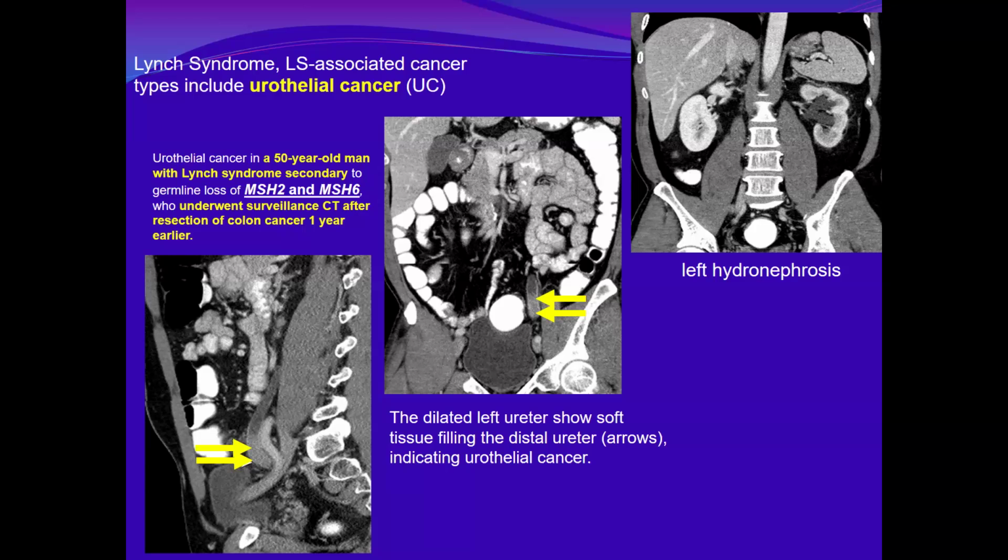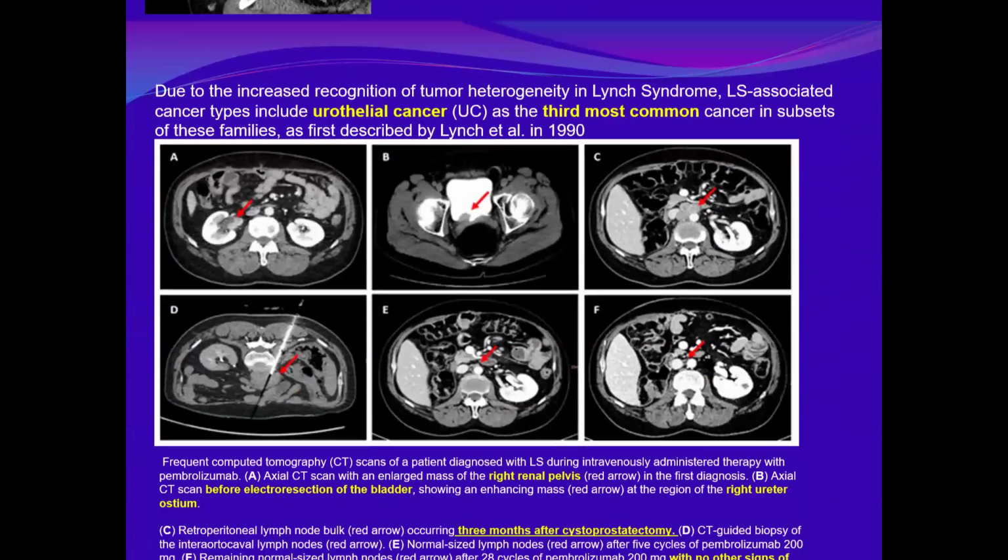This is a CT follow-up. They found that he has left hydronephrosis with soft tissue in the left distal ureter, proven to be urothelial cancer, one of the commonest Lynch syndrome associated cancers.